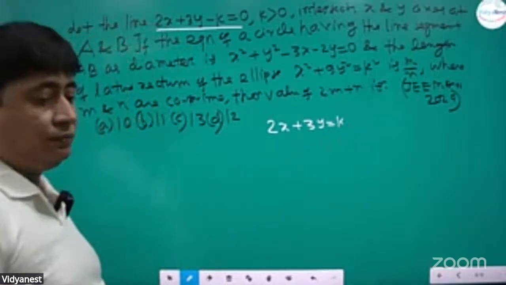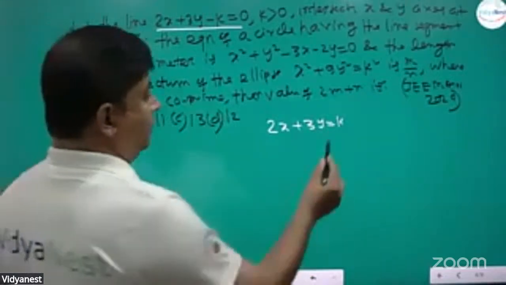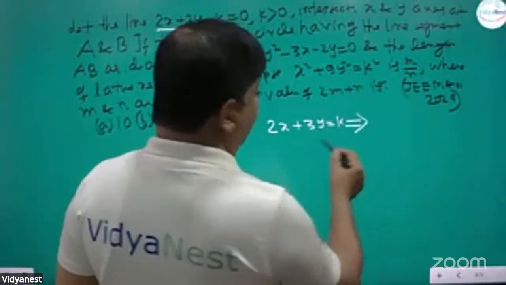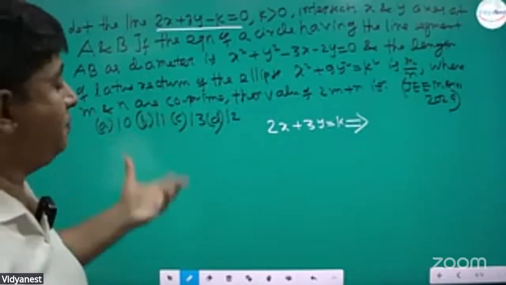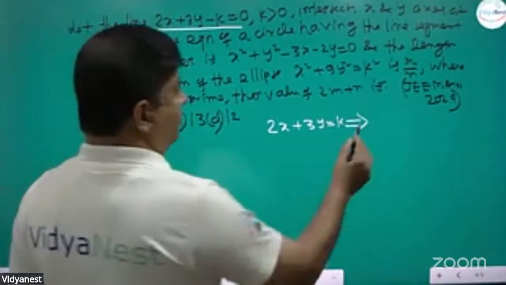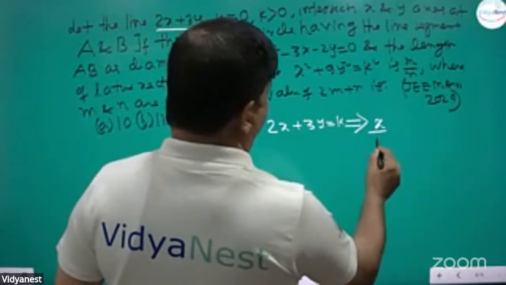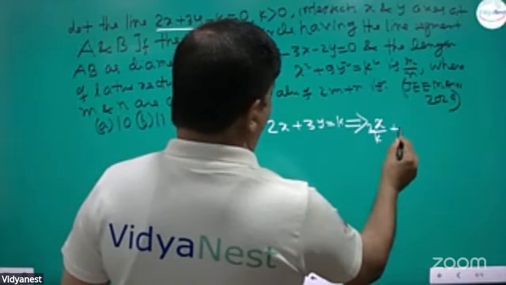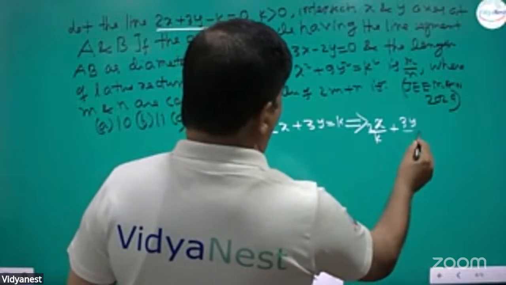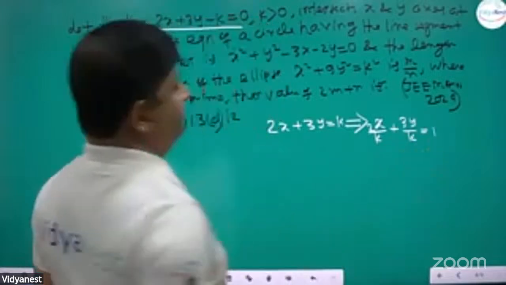So, you can write it in intercept form. What is that intercept form? You recall your memory: x by a plus y by b is equal to 1. So 2x by k plus 3y by k is equal to 1.